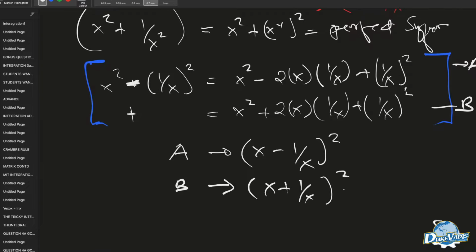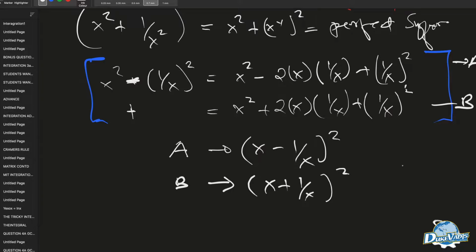So that is the explanation. By observation, you will see that we can split it in this way. How do you split it?